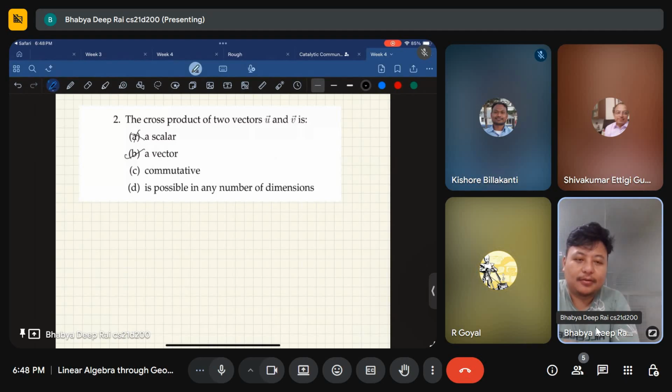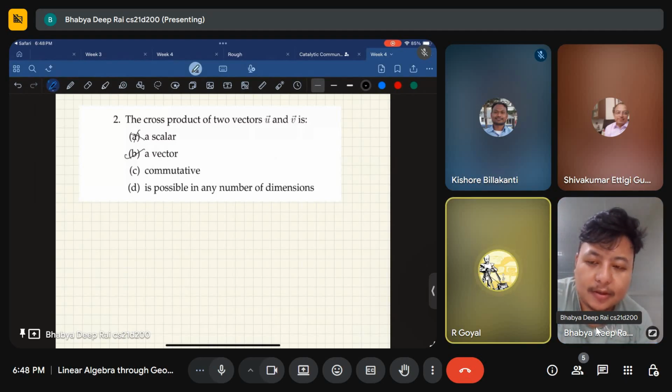So, cross product would mean what? The outer product or what? Outer product. Yeah, the cross product would mean you take U and the transpose of V, that kind of a thing, and that will result in the cross product.